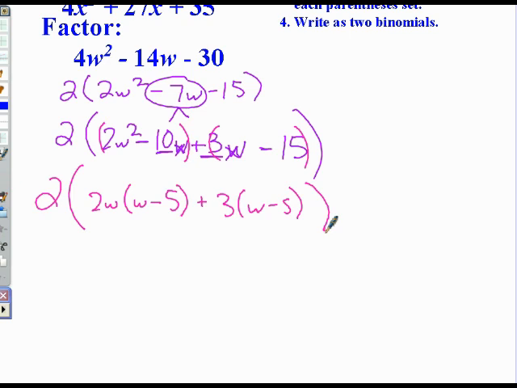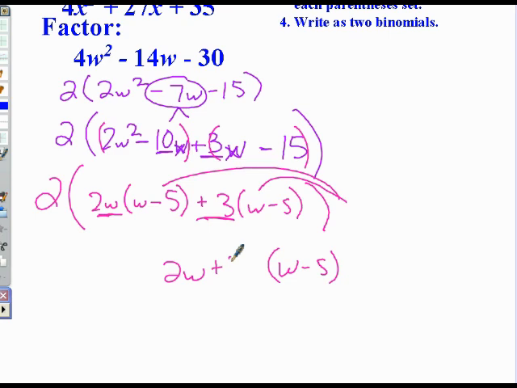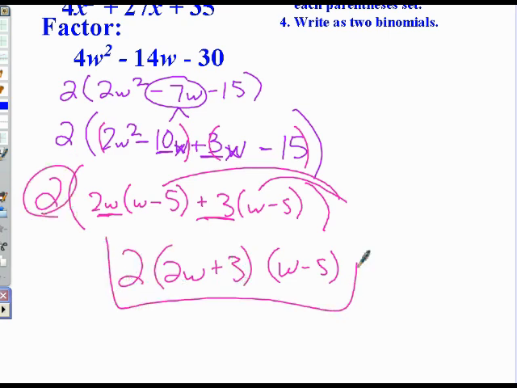Now we're going to factor out w minus 5, so you get w minus 5. What's left in here is 2w plus 3, and then we had this other 2 we factored out in the beginning. So our final answer is 2 times the quantity 2w plus 3 times the quantity w minus 5.